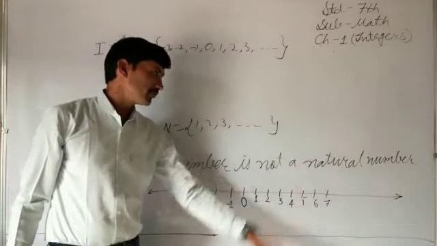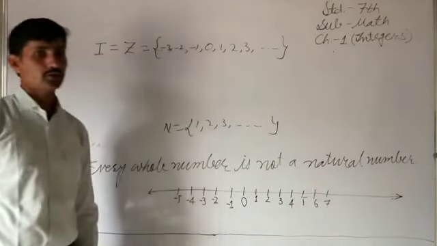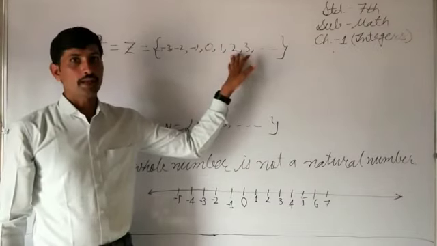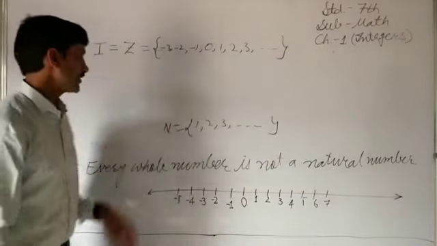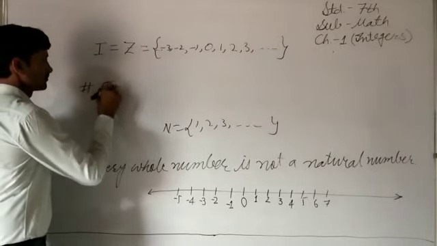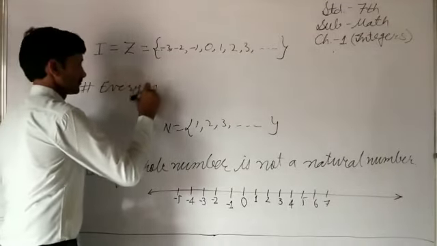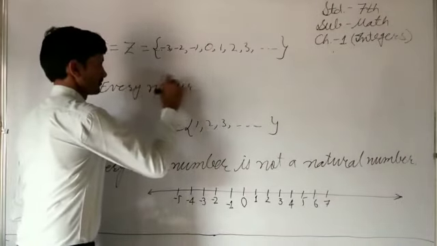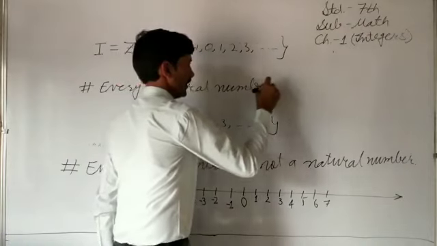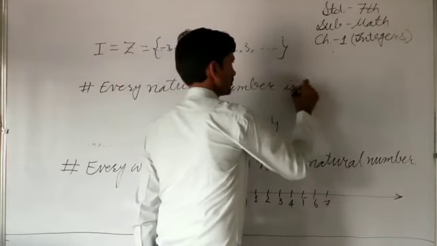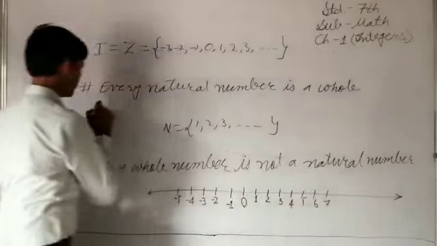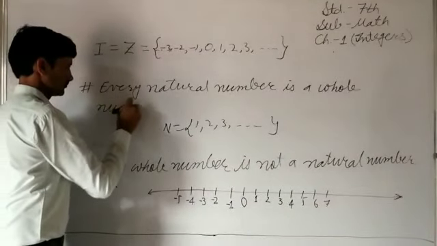In this way, if we proceed for every natural number, which we will find here also, we can say every natural number is an integer.